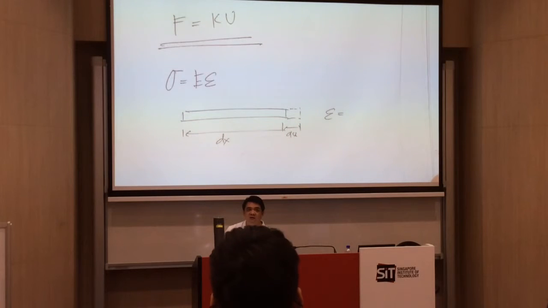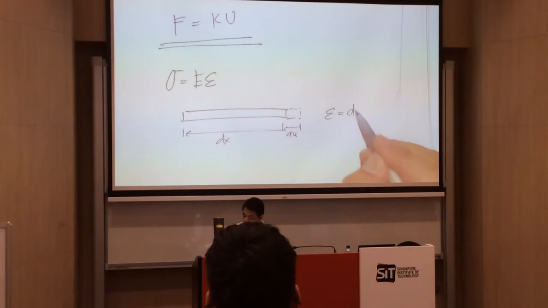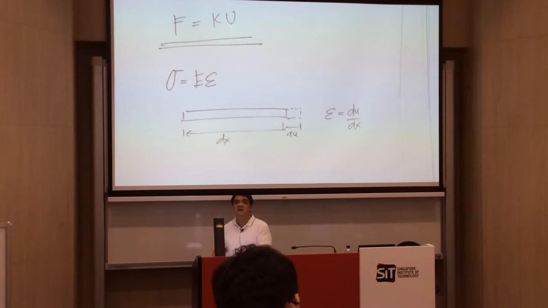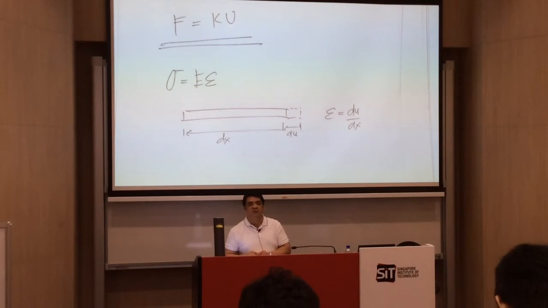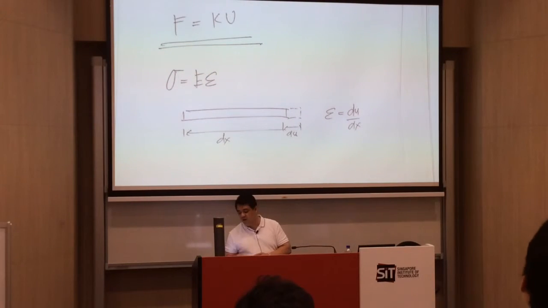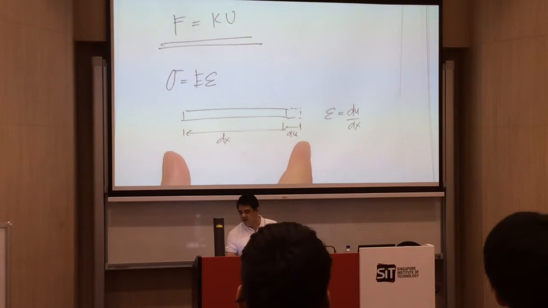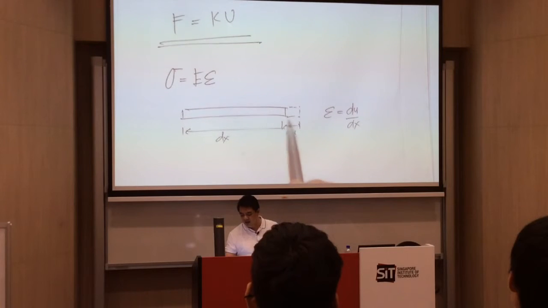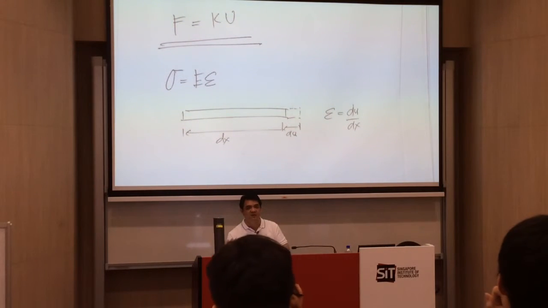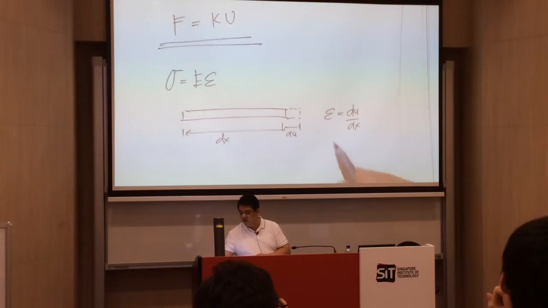What is your strain here? du dx. It's that small elongation divided by its original length. We're not going to take the total length, just the original length, because we're assuming this displacement is infinitesimal, very small. So we just need to have a representation.